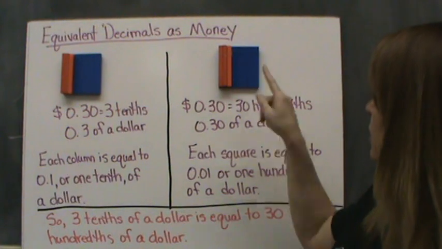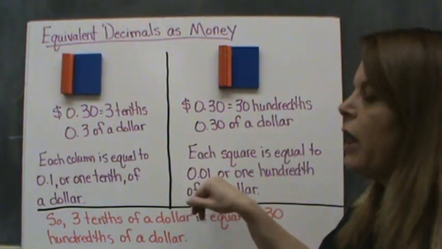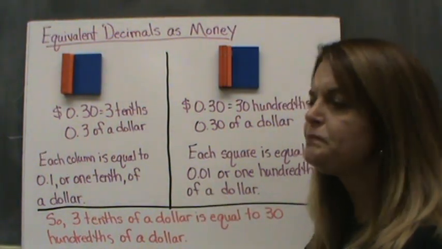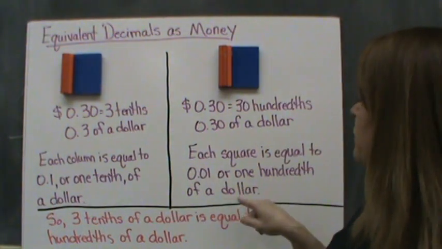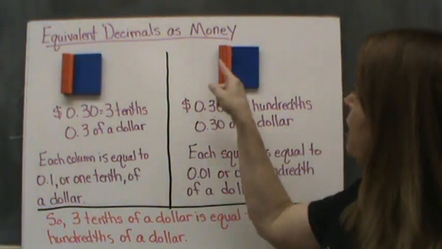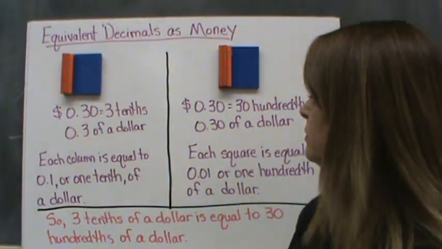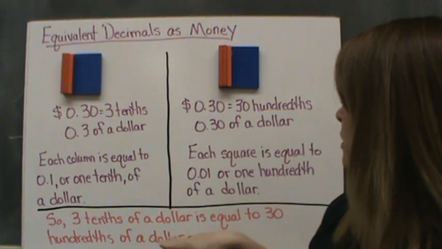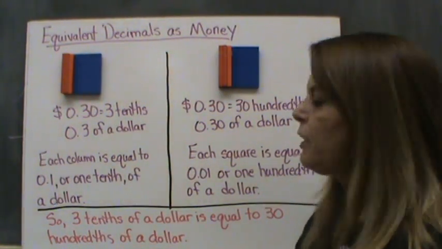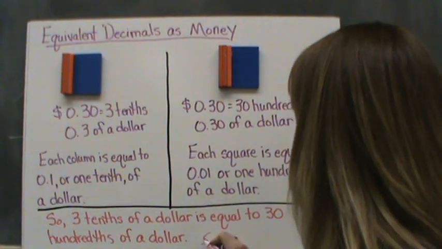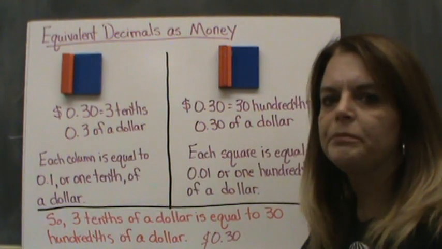Each square here is equal to 0.01 or 1/100th of a dollar. It takes 100 pennies to make a dollar. So 30 hundredths is the same as 3/10. 3/10 of a dollar is equal to 30 hundredths of a dollar, and both of those are the value of 30 cents.